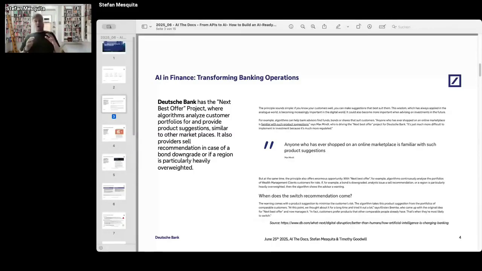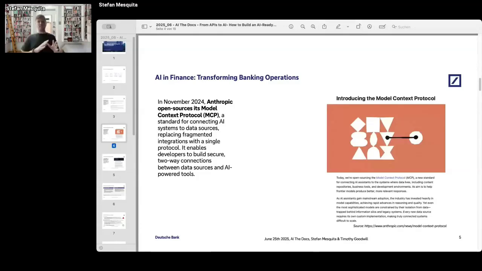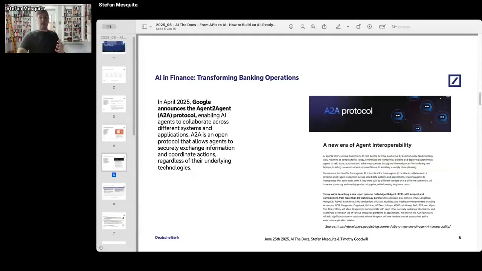This year has been declared the year of agentic AI, and to underline this, we have heard a little bit about it, but it sounds like it's been there for a long time. It's only since November 2024 that the Model Context Protocol was announced, and also just this year, a few months ago, the agent-to-agent protocol.